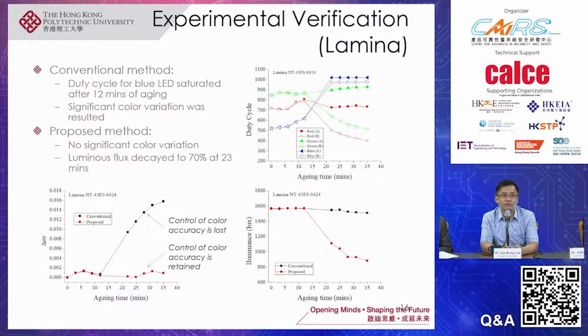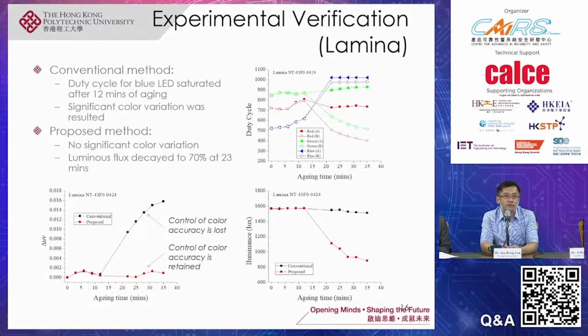So in terms of color deviation, we can see the figure at the bottom left corner. The black curve corresponds to the case of the conventional control, where after around 12 minutes the color deviation is so serious that we can consider that the RGB lighting system has reached its end of life at 12 minutes, because of the serious color deviation.